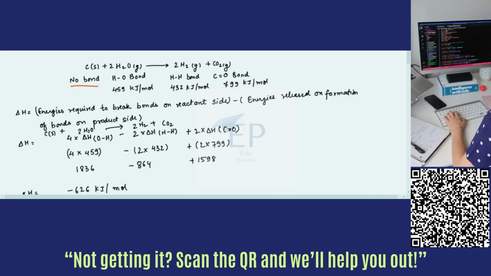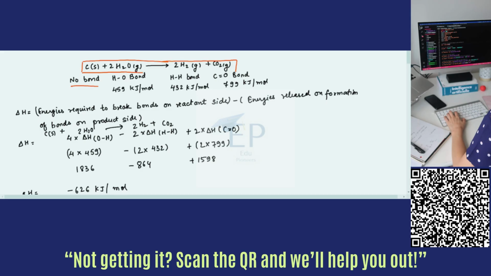So here the H-O bond has its bond energy, respectively with the H-H bond and the C=O bonds in CO2 within the reaction given. So now we will find the average bond energies.